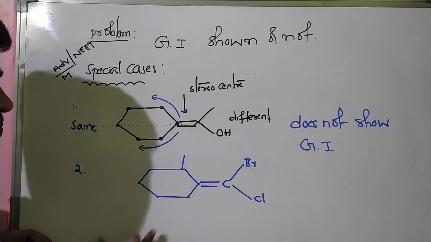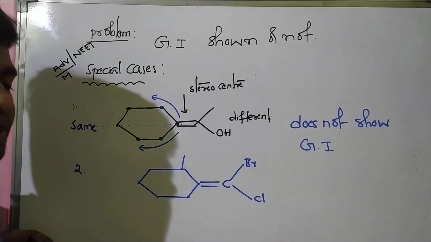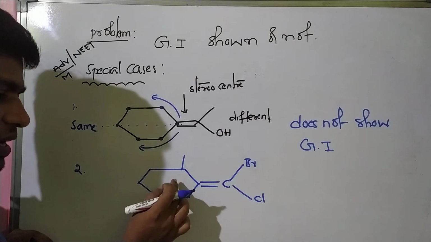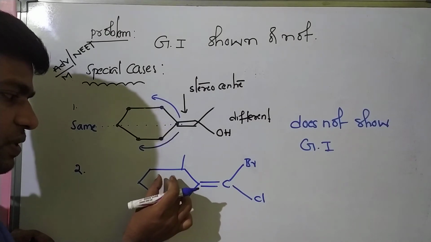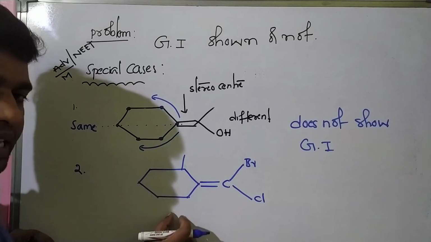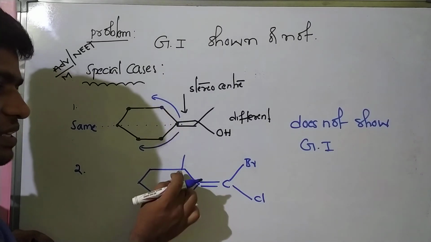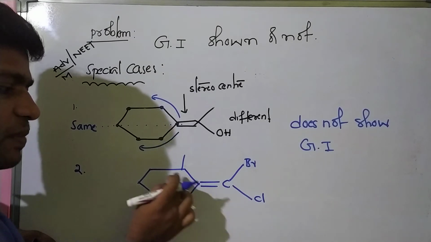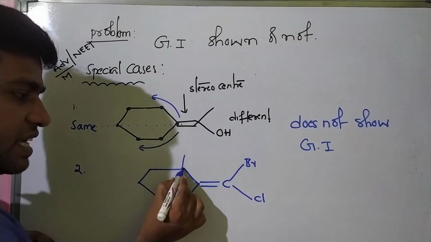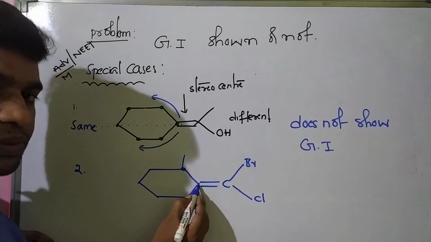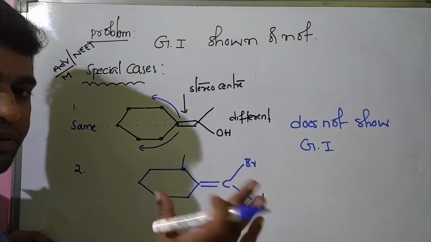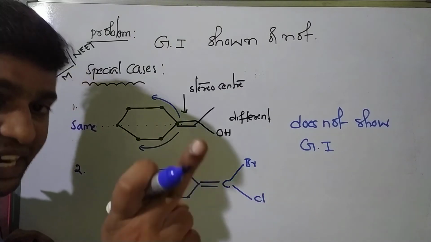Now observe the compound. First of all we will consider the cyclohexane part. Now this is sp3 but this is sp2. So this compound does not give geometrical isomerism in the ring.